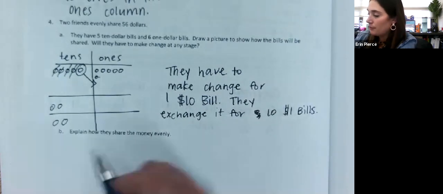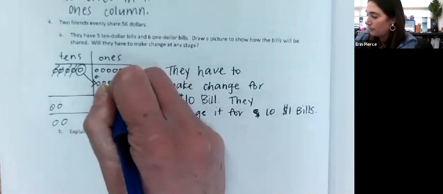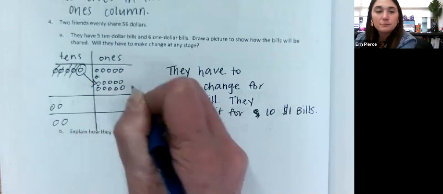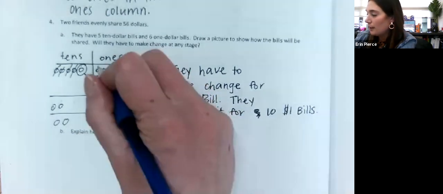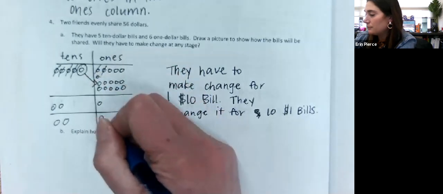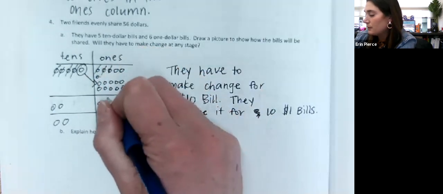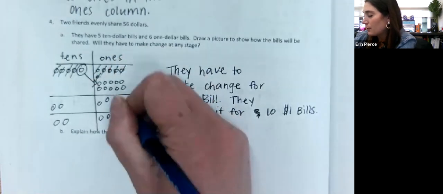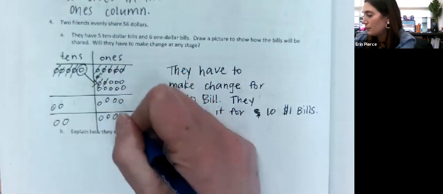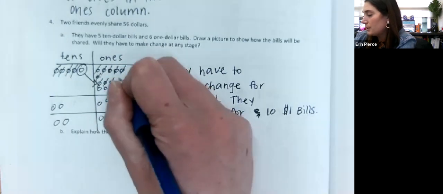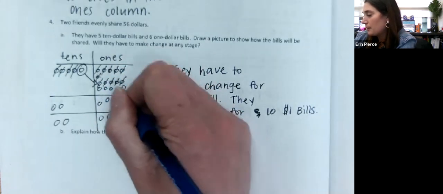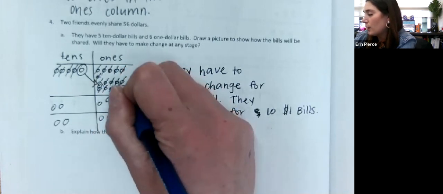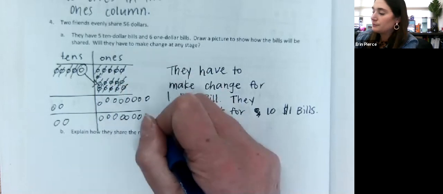Okay, so now I'm moving those 1, 2, 3, 4, 5, 6, 7, 8, 9, 10. Then I share them out, 1, 2, one for each friend, repeated until all are used.